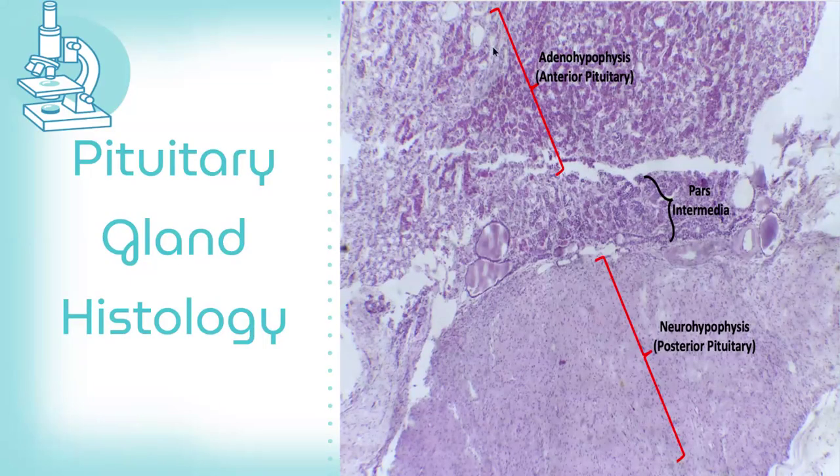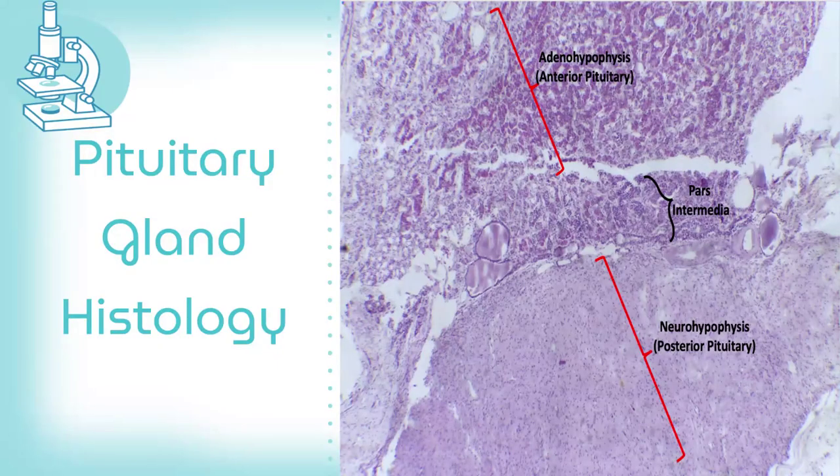You can see that it has very distinct little groups over here, while the neurohypophysis is a little bit more meshed together, and it doesn't have this grouping that is seen within the adenohypophysis. Finally, your pars intermedia is going to be separating the adeno and the neurohypophyses. And the neurohypophysis looks a lot like nervous tissue.